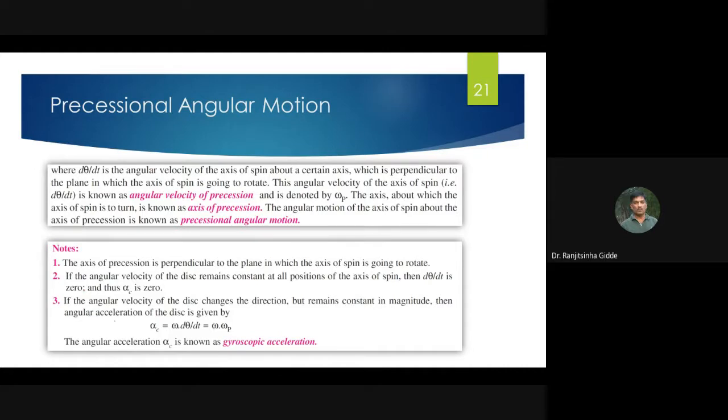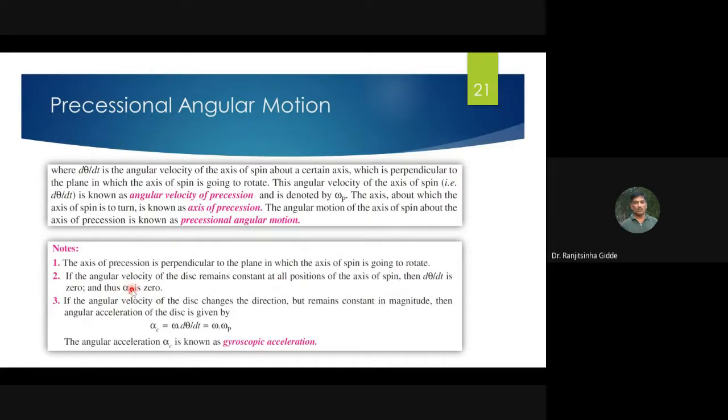Okay, so here it is not required, I will just discuss with you. The axis of precession is perpendicular to the plane in which the axis of spin is going to rotate. This we have already discussed. If the angular velocity of the disk remains constant at all positions of the axis of spin, then d theta by dt is 0, and thus alpha c is equal to 0.